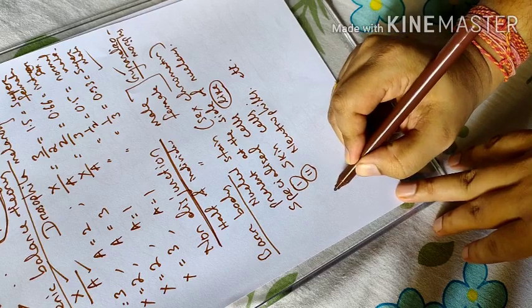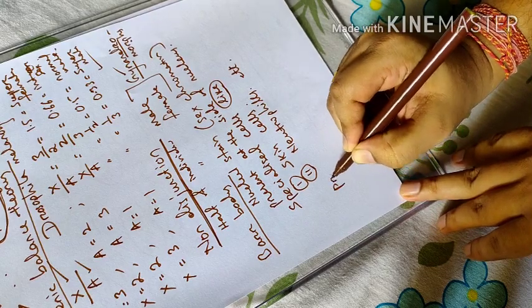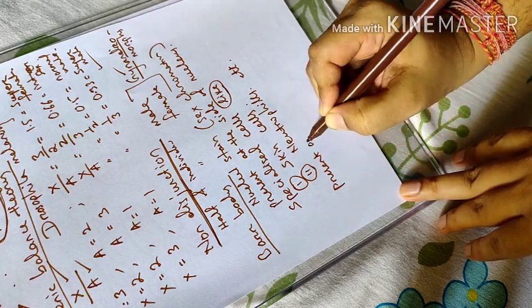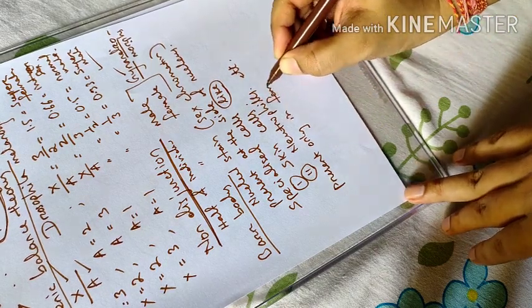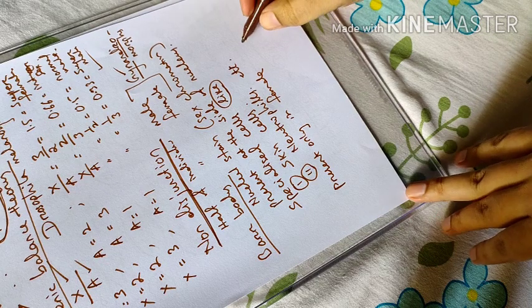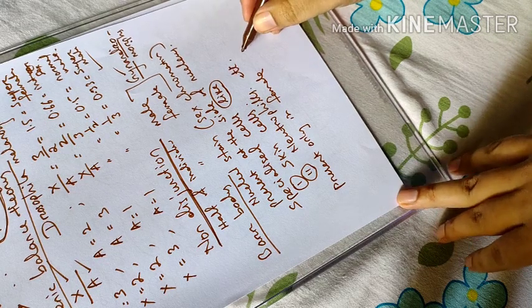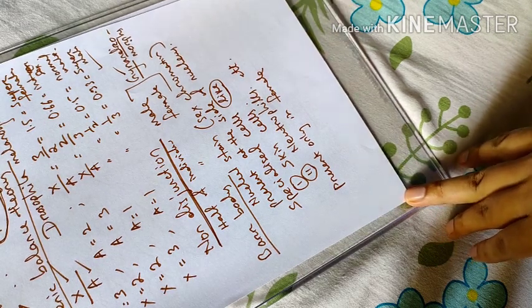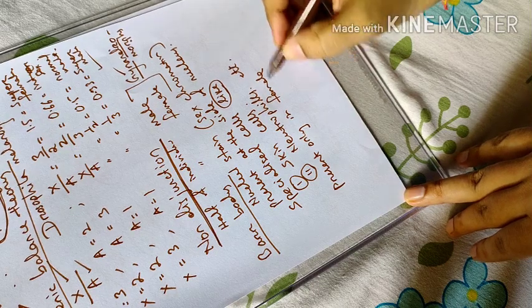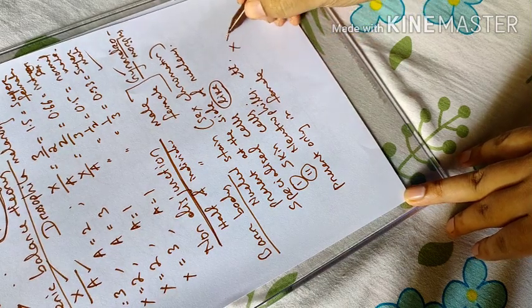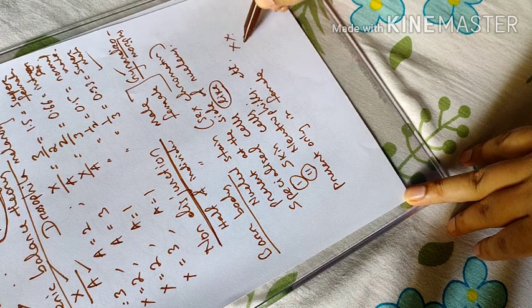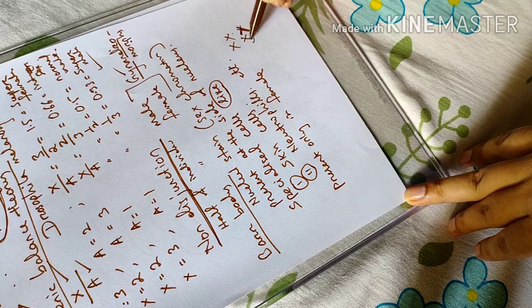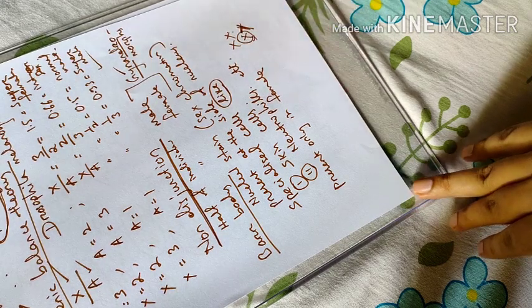And this Barr body is present only in female. That means female has 2 X chromosomes and it is present in one of them, and in the male there is 1 X chromosome, so there is no Barr body.